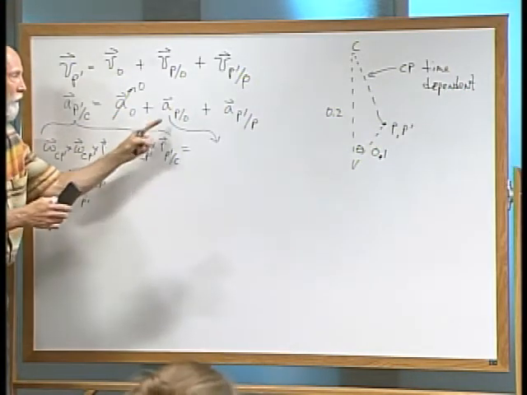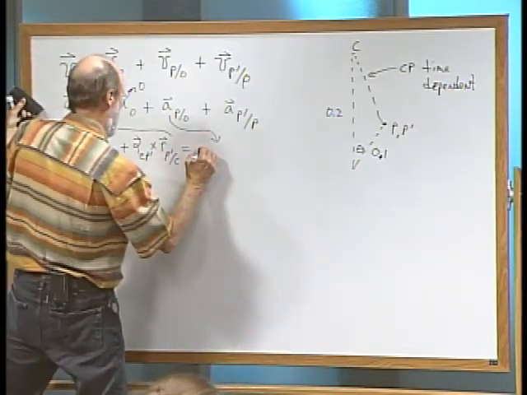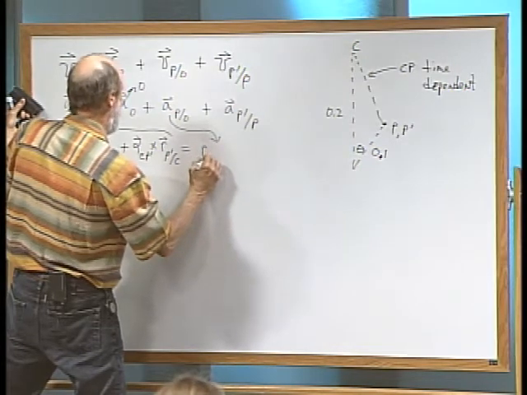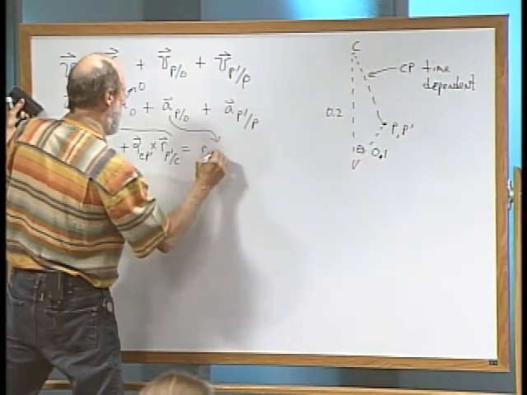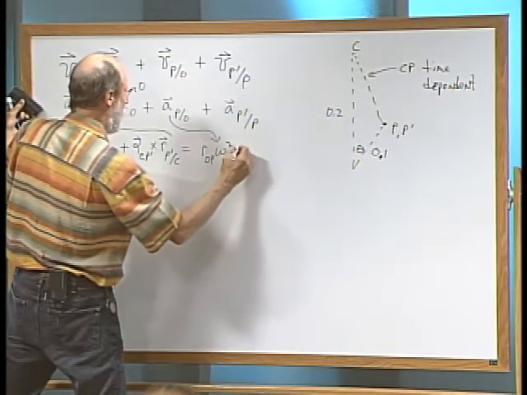Directed back towards the center of rotation O. So I would probably just write this as r of OP times the omega of OP squared. There's my magnitude.